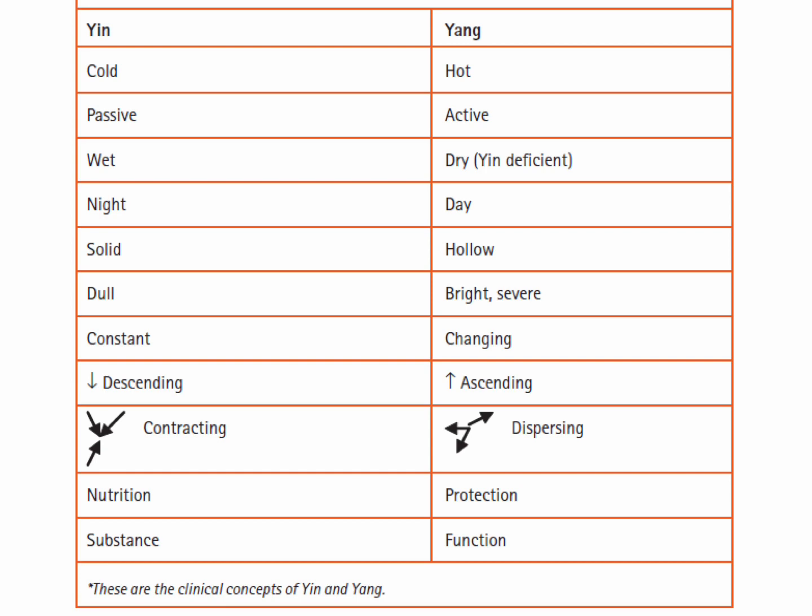Yang is also described as the active and the changing side and is formless. The Yin is a solid form. It is the constant and passive side. In humans, the man represents the Yang and the woman represents Yin. In the seasons, spring and summer are more Yang and autumn and winter are more Yin. The sun represents Yang and the moon represents yin.